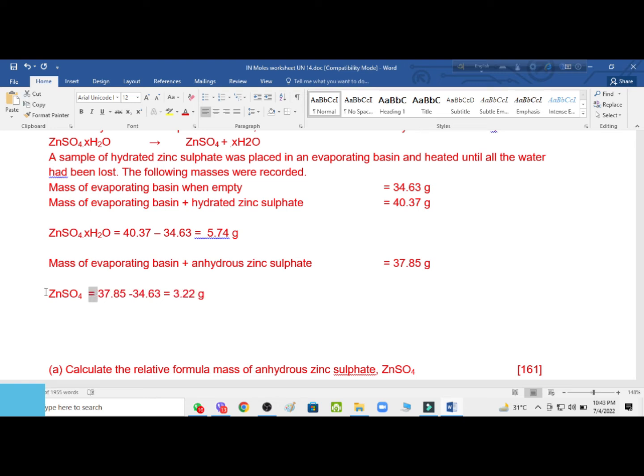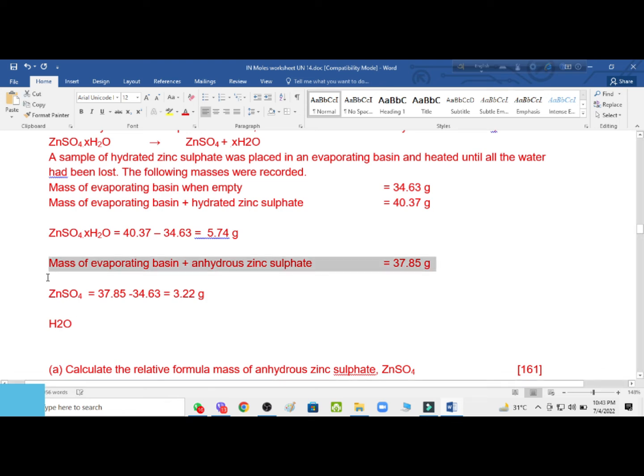Anhydrous zinc sulfate. Now, how to get mass of water from this experiment? Which two may you multiply to get mass of water? H2O, how to get H2O? The last two, right?